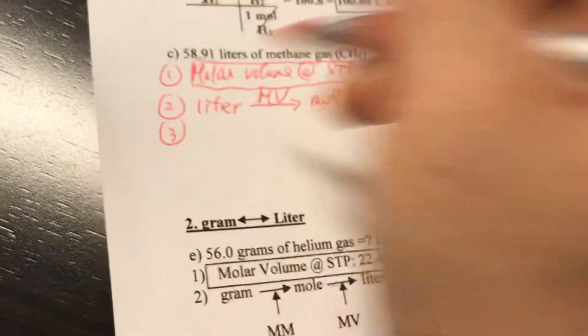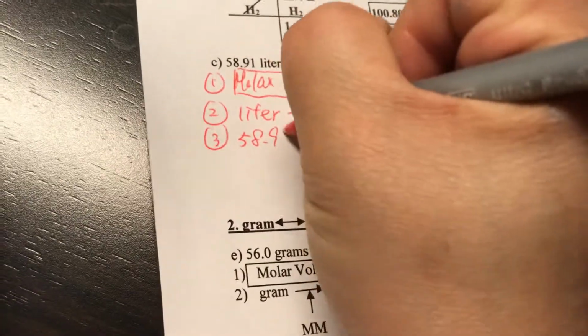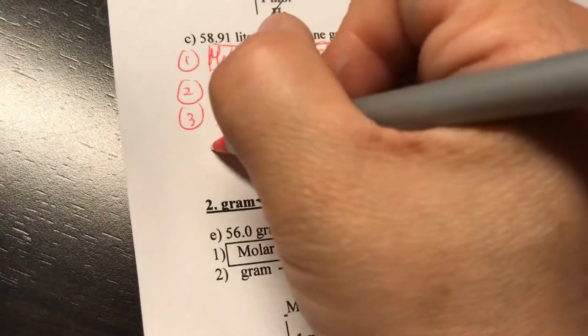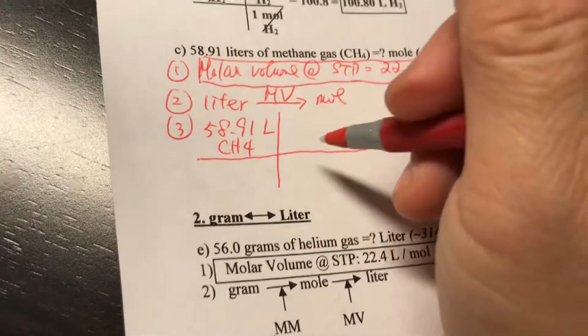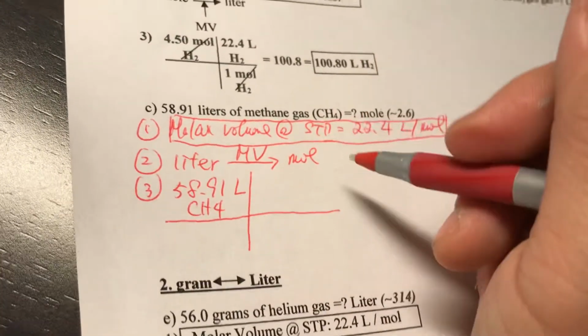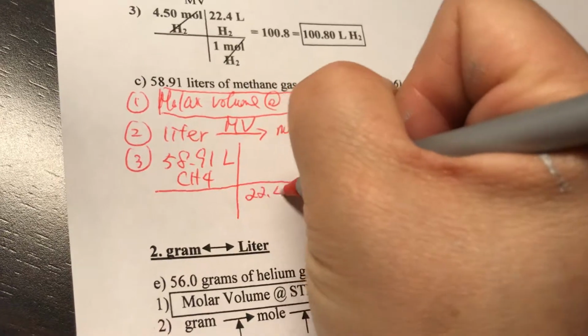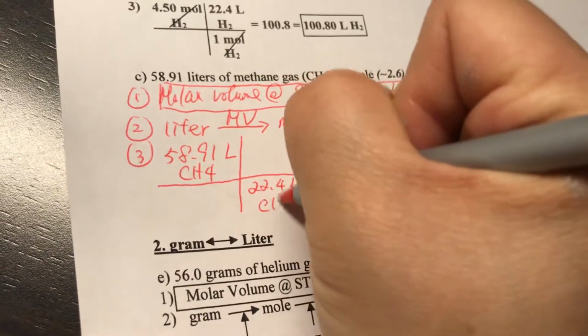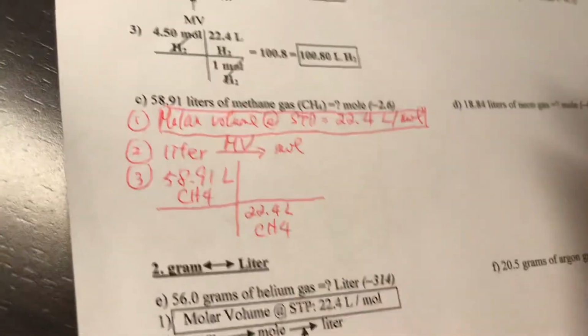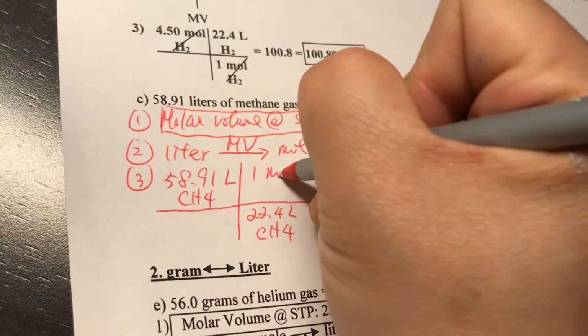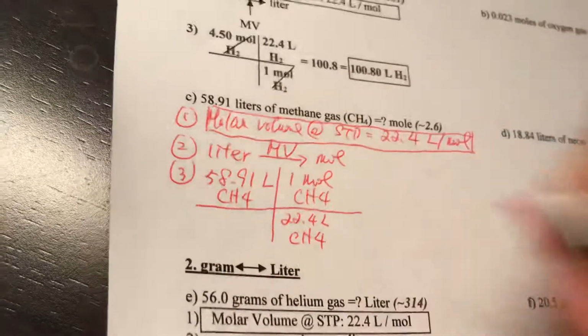And then step 3, I can set up Superman: 58.91 liter CH4. I have liter on the bottom, so I need to put 22.4 liter CH4 on the bottom, and make sure you write down what compound it is. And then 1 mole CH4 on the top.